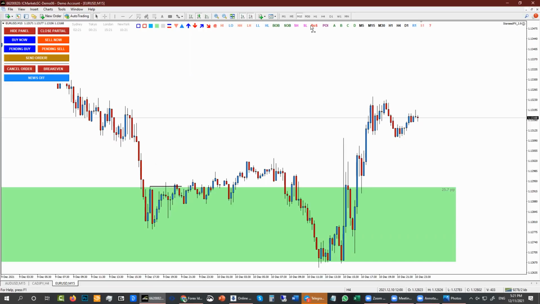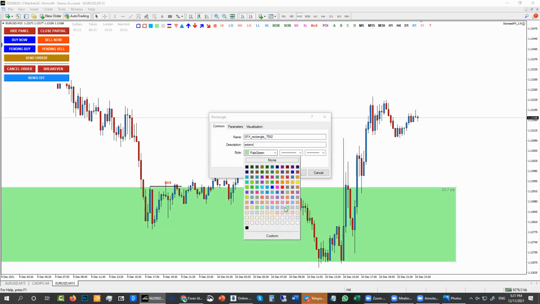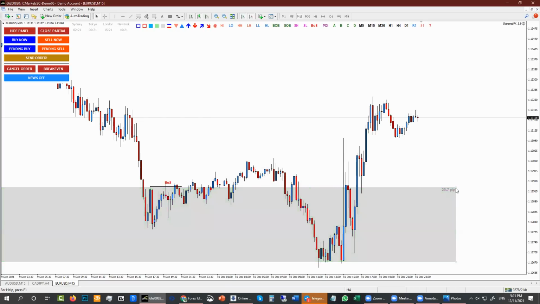Okay, so this is the first break of structure. I'm talking about M15, right? So let's mark this one, so you do not feel confused. All right, and we are going to mark this.